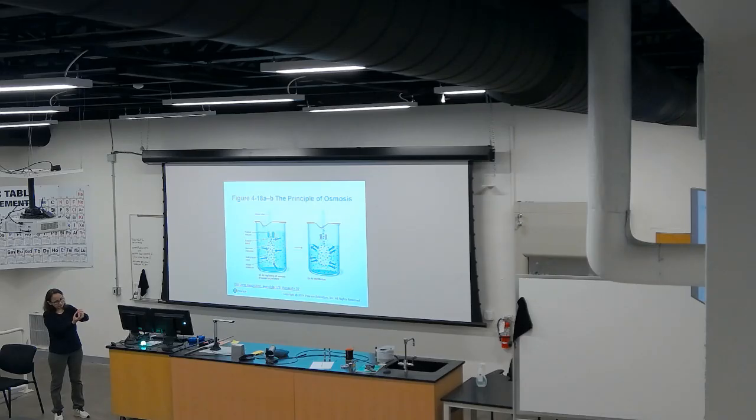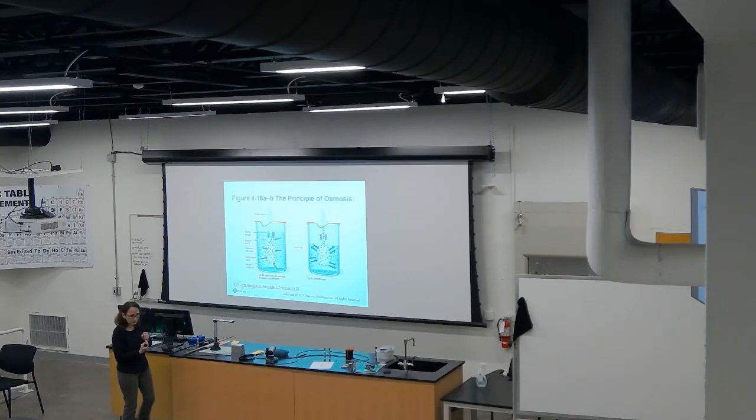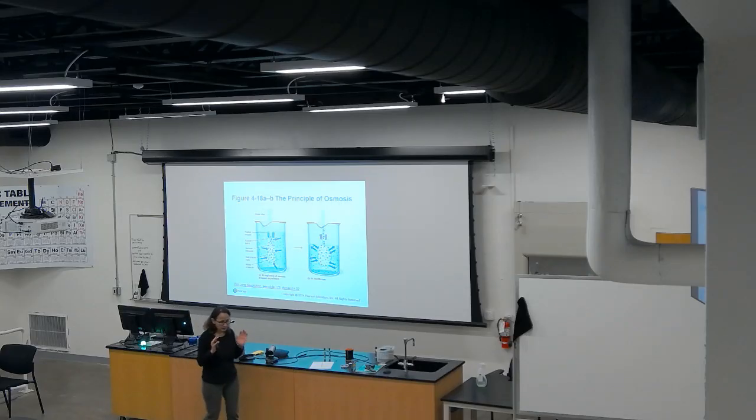Inside this cellophane bag, you have a solution with solutes, in this case a high concentration, let's say 5% glucose. And then outside, you have only water. This membrane doesn't allow the glucose, these big molecules, to go out, but it's semi-permeable. It has gaps in its layer to allow the movement of water in and out.